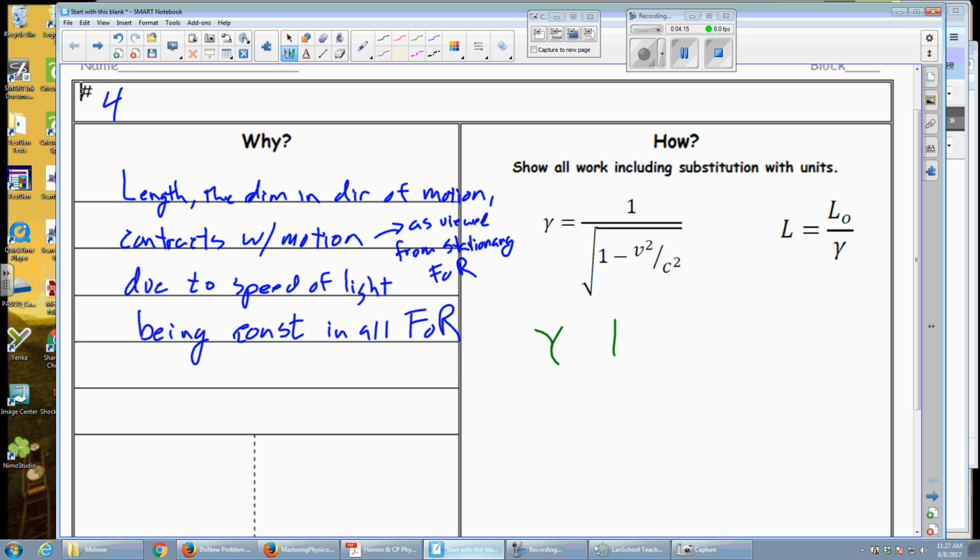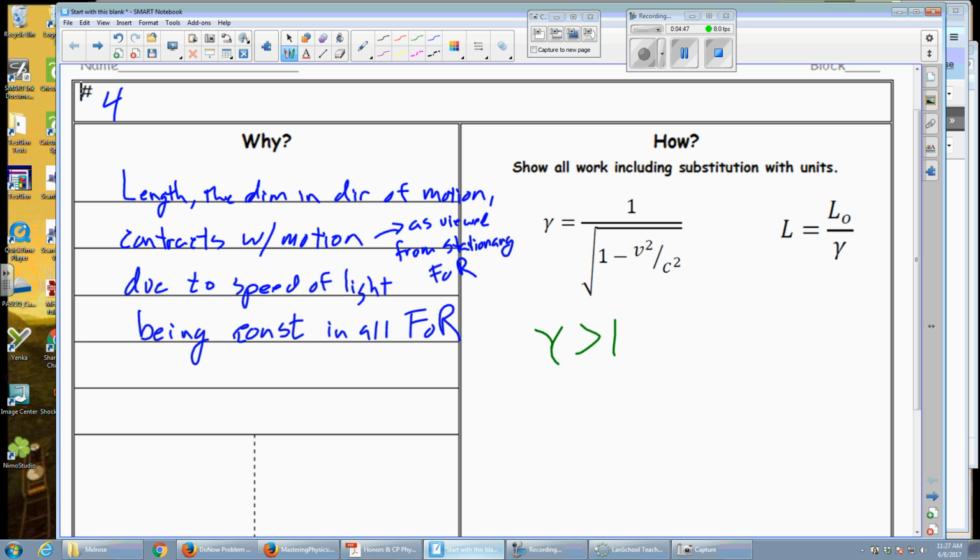It could be very close or far away from 1, but less than 1. Square root of a number less than 1? Less than 1 still. 1 over a number less than 1? Bigger than 1, because it's inverted. So that means gamma is always greater than 1.